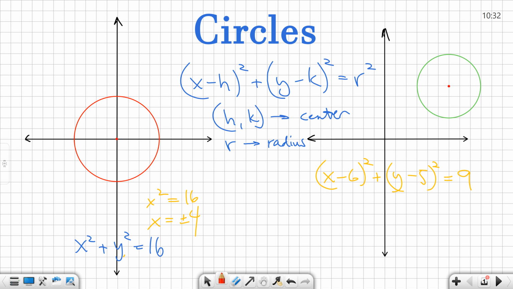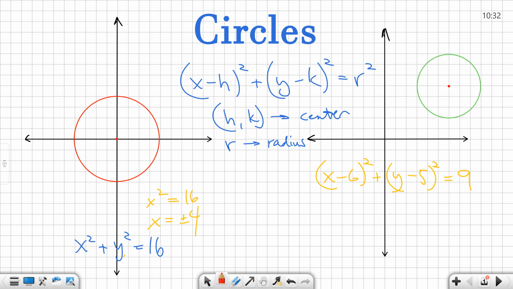And I think it's only appropriate that we take a look at this circle. I know what my answer is going to be, but algebraically, I want to show you what happens and why we get an answer that doesn't make any sense. So let's do the x-intercept. X-intercepts happen when y is equal to 0.